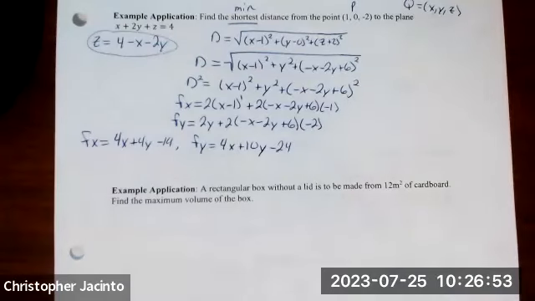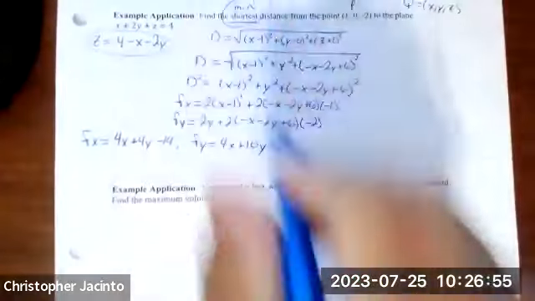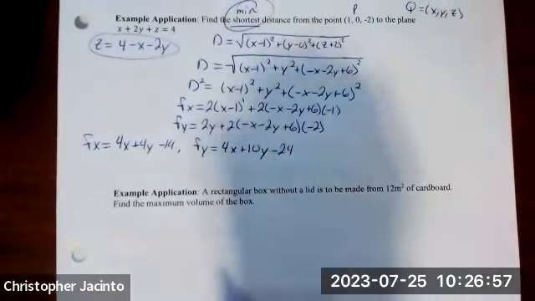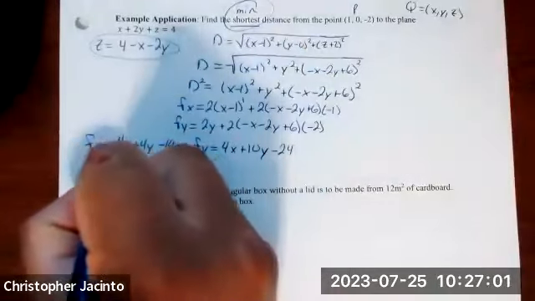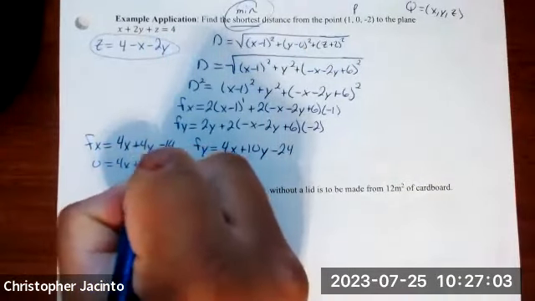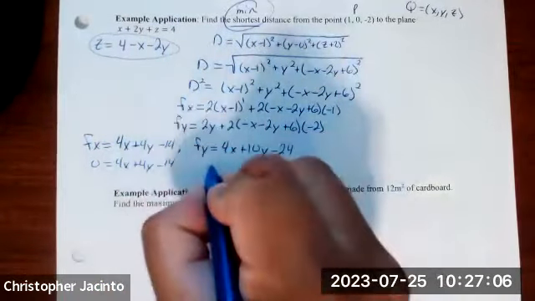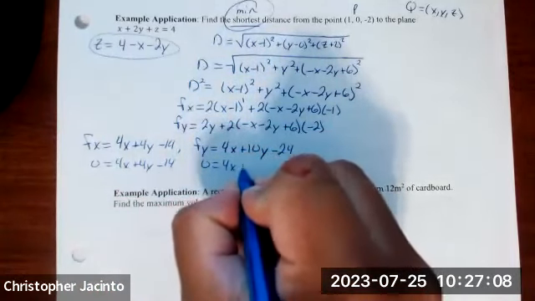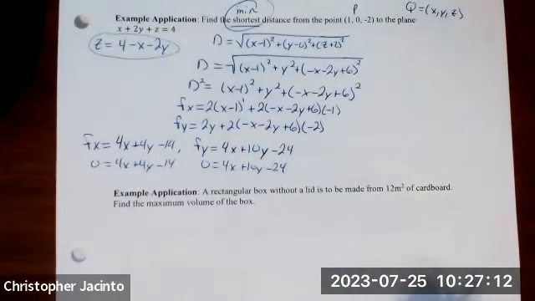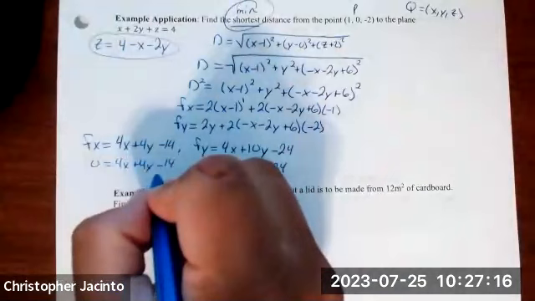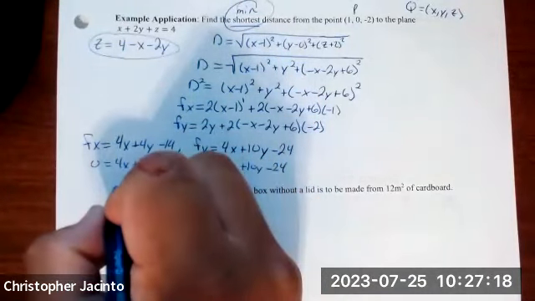Now remember, to minimize something, we have to find the critical values. So we set each one equal to 0 and solve, meaning bringing this over and solving it for x and y.